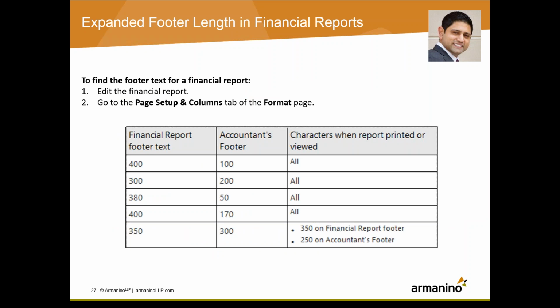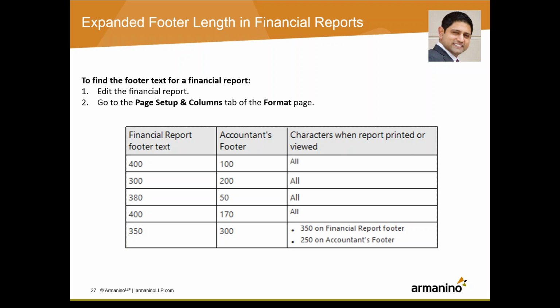Some of the other areas of improvement, nothing too fancy here, but the footer length in the financial reports has been expanded a bit. So if you go into the page setup in the columns tab in the financial report writer, there's a tab for the formatting where you can actually expand that length.